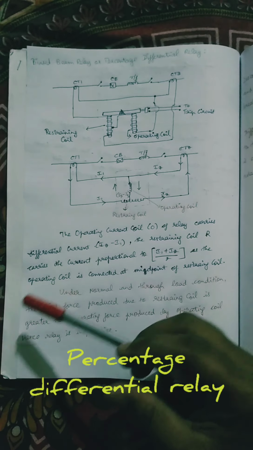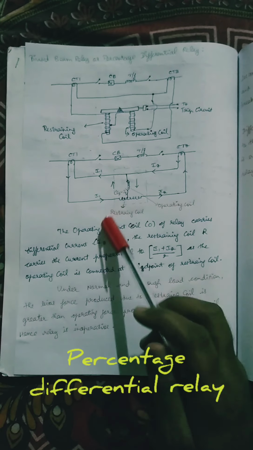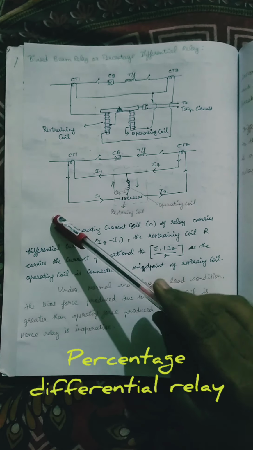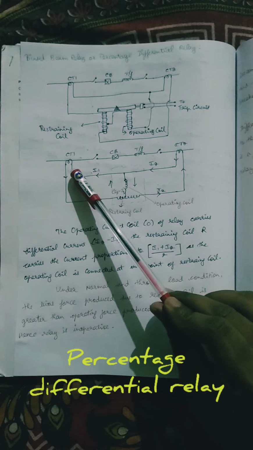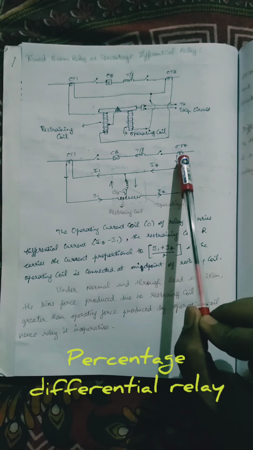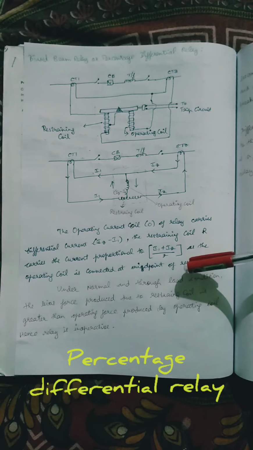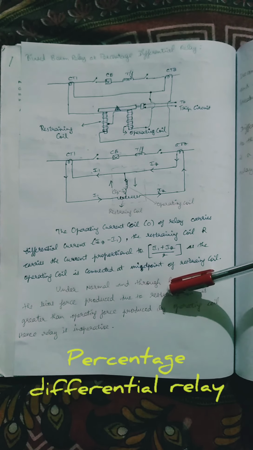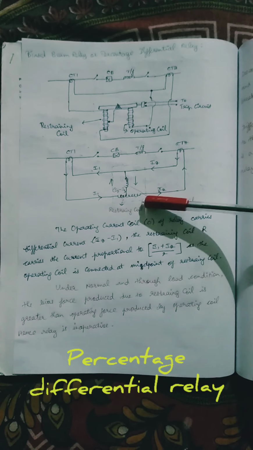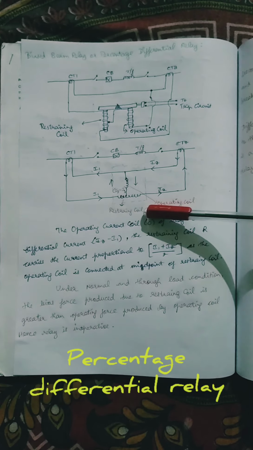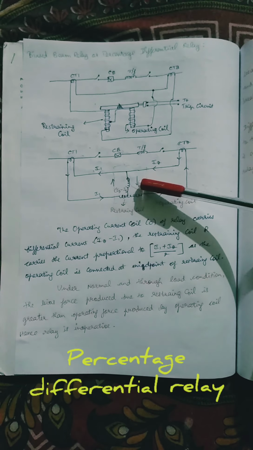To overcome these errors, the main advantage is that the restraining coil allows the use of different CT ratios, which means it may be 2000 per 1 amps or 4000 per 1 amps. The restraining coil takes care of this, because under a normal condition and through a load condition, the biased force created by the restraining coil is greater than the force produced by the operating coil.